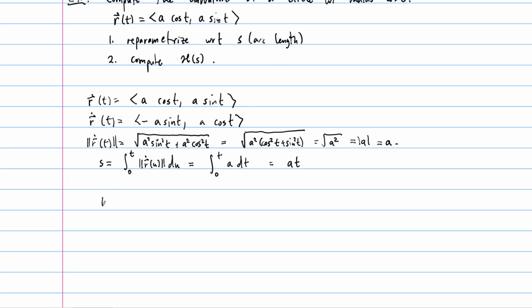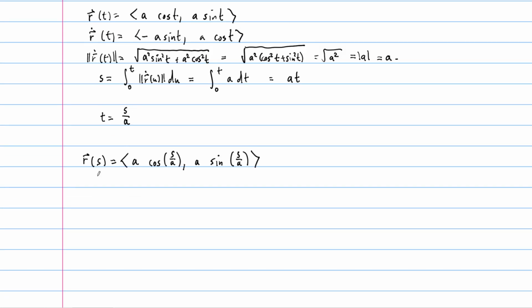And so what we end up with is that our t parameter in our function itself, we're going to have to replace with s over a, just solving for t. And this gives us a parametrization of our function with respect to arc length. So it's going to be a times cosine of s over a, and then a times sine of s over a. All right, and now we're going to compute dr ds.